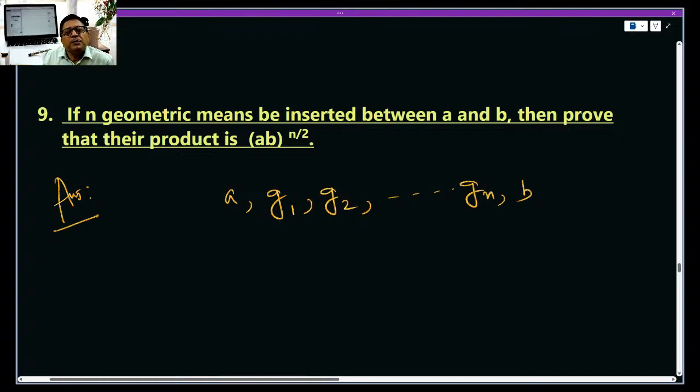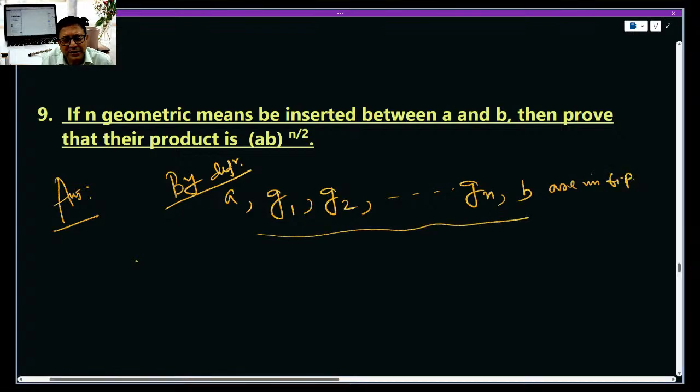Then the product of G1, G2, Gn is required. How to answer this? By definition of means, these are in GP.